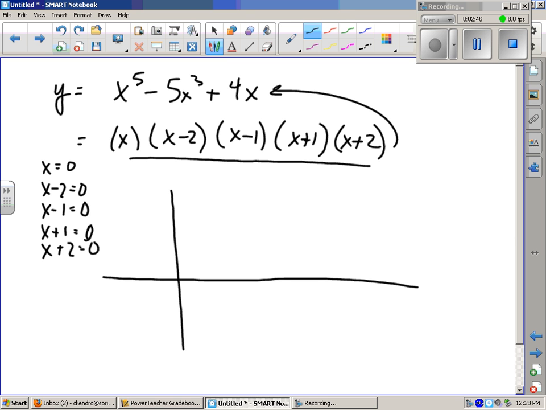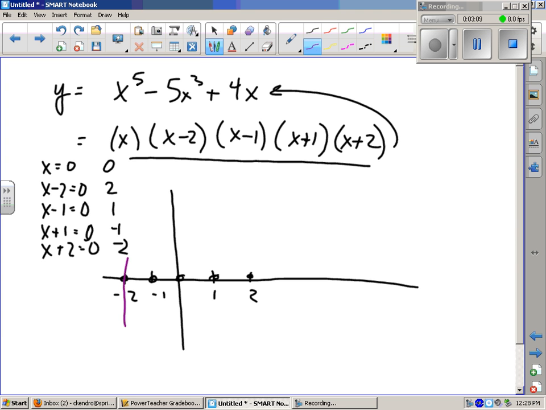So this is still 0, this would be 2, this is 1, this is negative 1, and this is negative 2. So on the graph, we're going to mark each of those spots. Here's negative 1, negative 2, 0, 1, and 2. We'll put dots at each one of those, and then the graph itself goes through all of those.